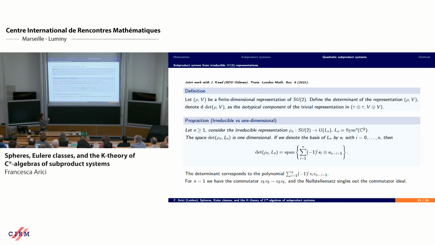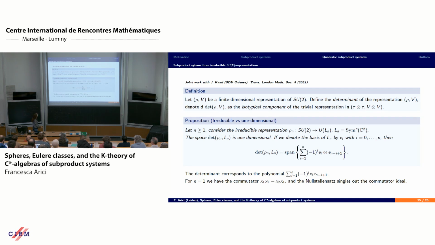So if you want, they are the elements of the double tensor that are left invariant by the diagonal map applied to the representation. Oh yeah, I don't know why there's a tau there. It should be a rho. Oh, sorry. I'm really sorry for my typos, but okay, tau is equal to rho in this slide.